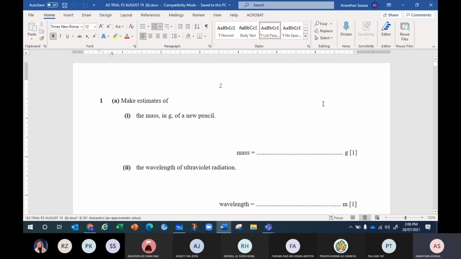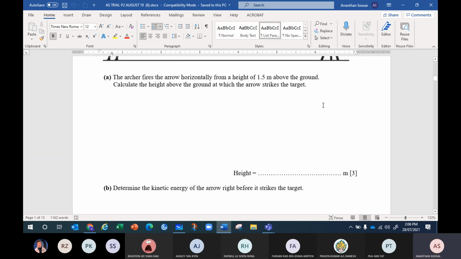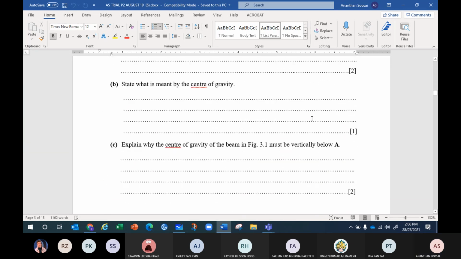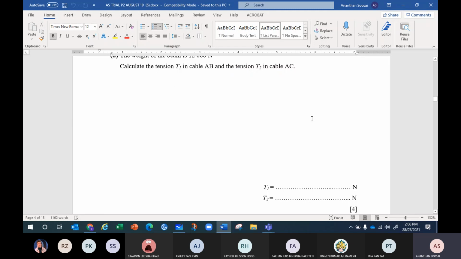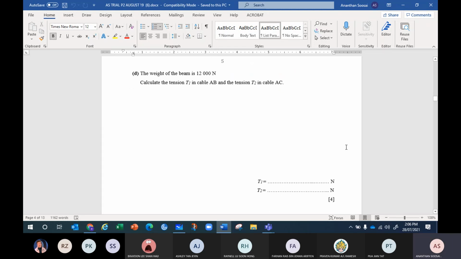This question, do you have any questions? Anybody? 3D. Oh, this is a moment. The weight of the beam is 12,000 Newton.